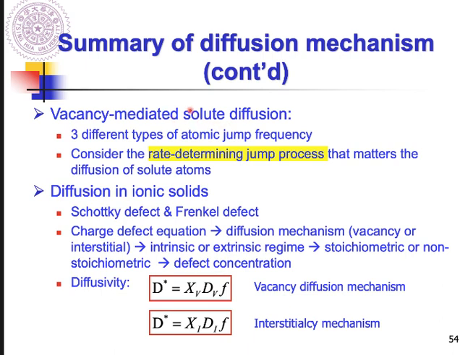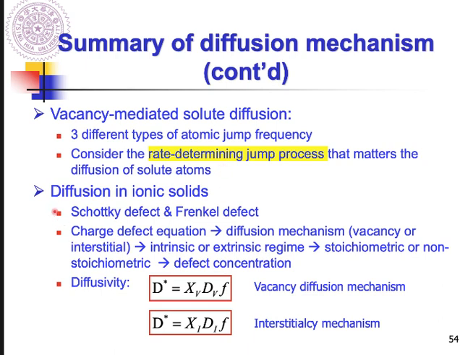Based on the solute atoms, there are three different types of atomic jump frequency in these materials. First of all, we need to consider which is the rate-limiting jumping process. Then you can easily write down the diffusivity of the solute atom.